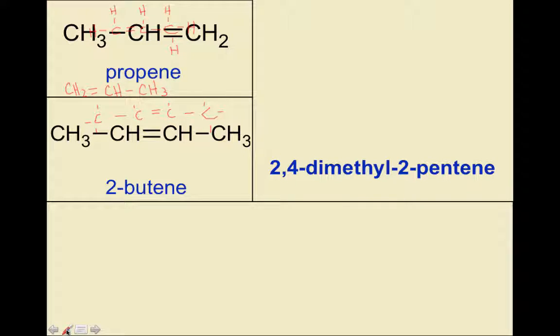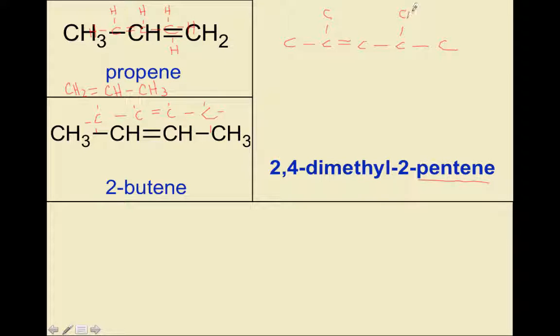2,4-dimethyl-2-pentene. Alright, 5 carbons, pentene. 1, 2, 3, 4, 5. And it says it's 2-pentene, so the double bond is going to go on the second carbon. I have 2 methyl groups. One is going to be on the second carbon. 1, 2, 3, and 1 methyl group will be on the fourth carbon.